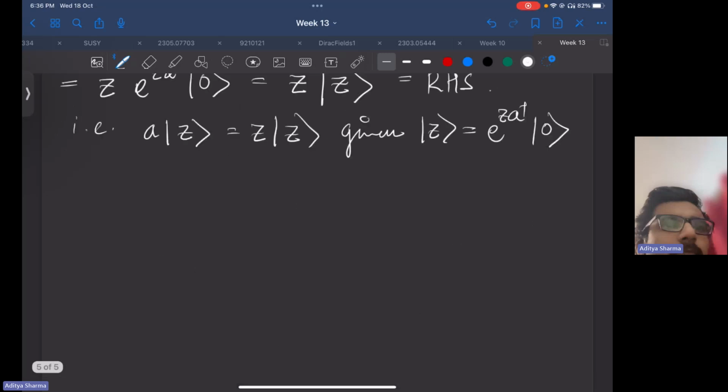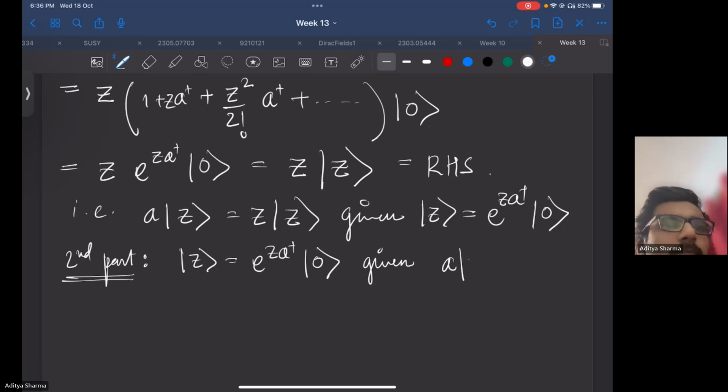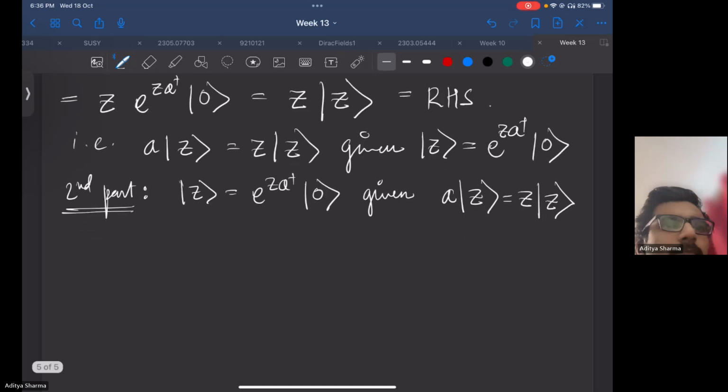Now we'll try to show the opposite. That is the second part. Given this, you want to show that z can be written as e power z a dagger on 0. So this seems a bit tricky. Let me think for a moment. Just give me 2 minutes.